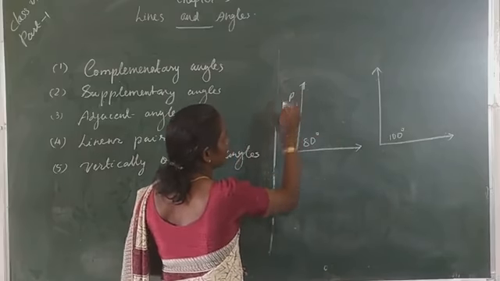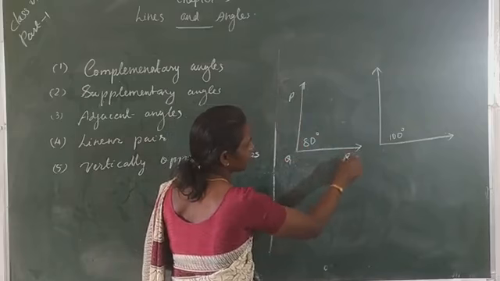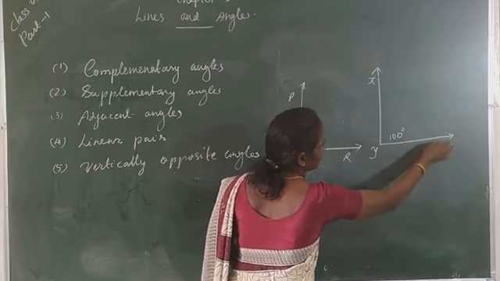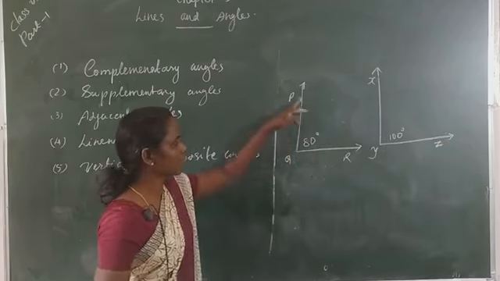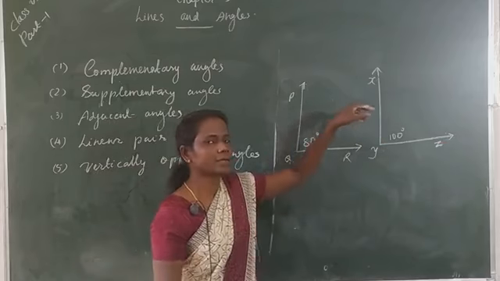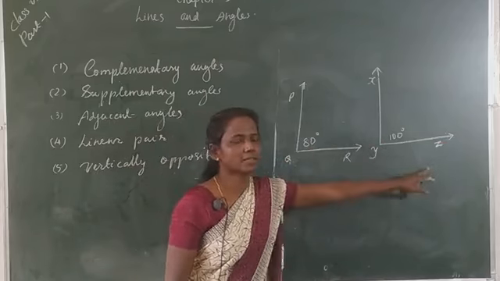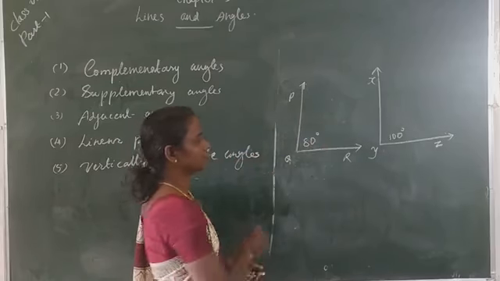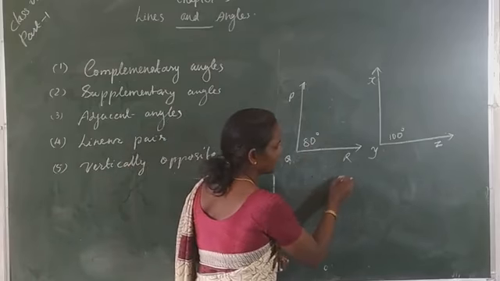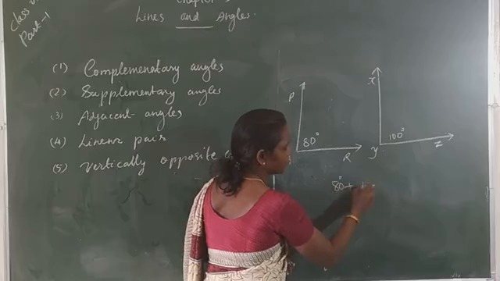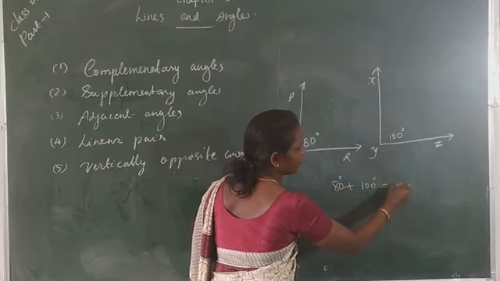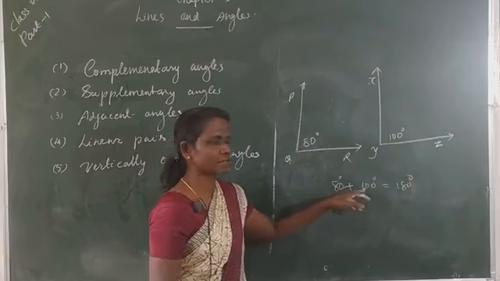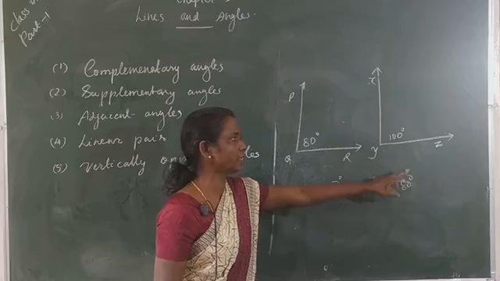Here are two angles, angle PQR and angle XYZ. 80 degrees plus 100 degrees is equal to 180 degrees.